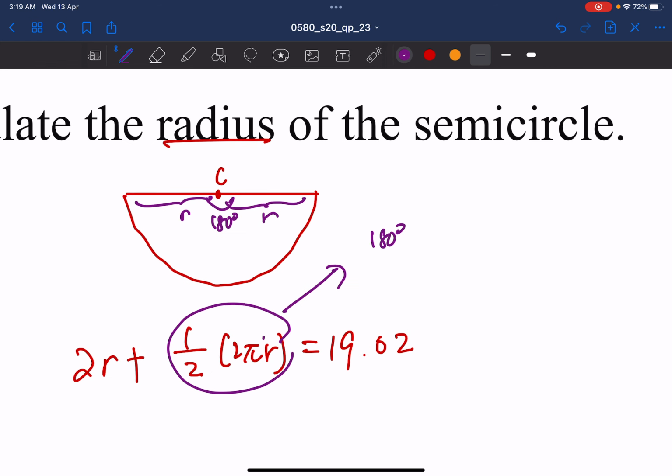So 180 degrees over 360 times 2 pi r. This is not the area, sorry, this is the formula for the arc length. If you simplify these fractions, you get 1/2. So it's exactly the same thing.